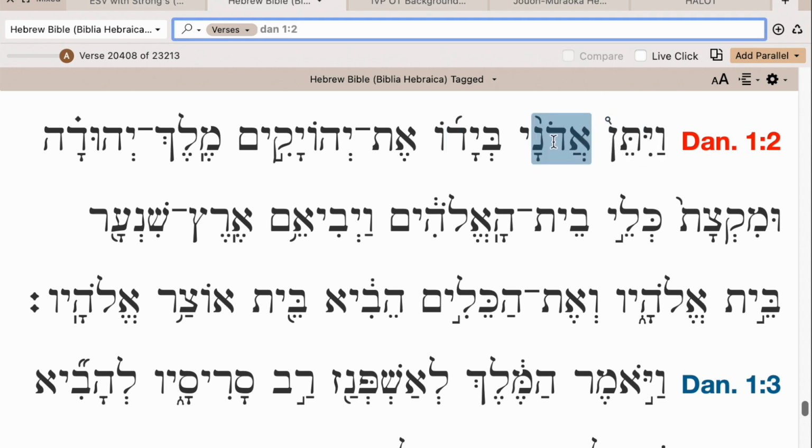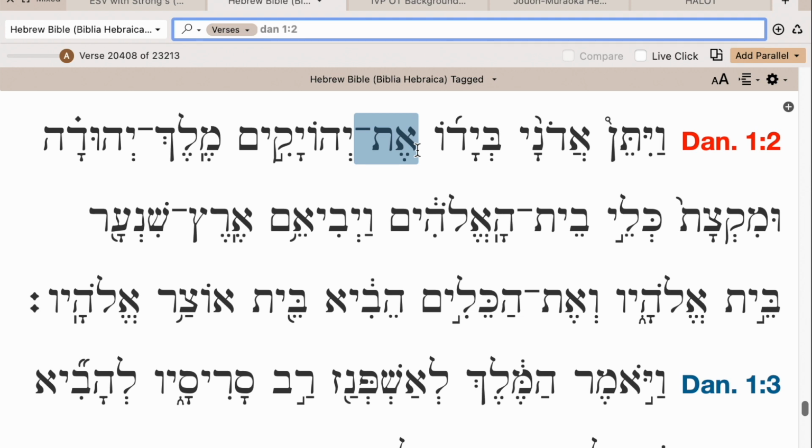Now the Lord gave into his hand, and now et signifies a definite direct object. Not just a direct object, but a definite direct object. For those who speak Spanish, this is somewhat akin, not exactly, but somewhat akin to the way a is used for personal direct objects in Spanish.